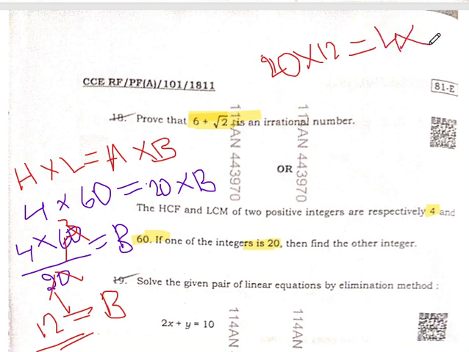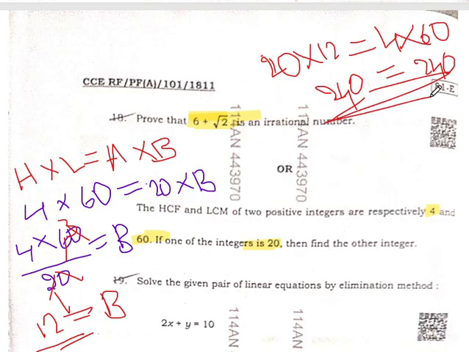The value should be the same, LHS should equal RHS. 12 times 0 is 0, 12 times 2 is 24, so we get 240. Now multiply 4 into 60: 4 times 0 is 0, 4 times 6 is 24, so 240. We are getting equal answers, 240 equals 240. So this is the answer: the value of B is 12.